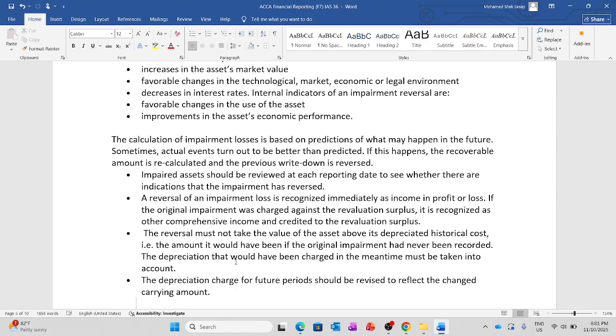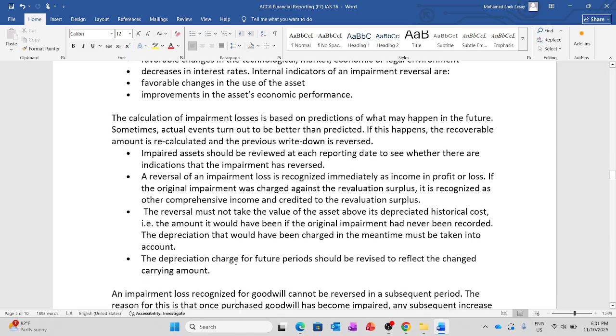So that means when we reverse an impairment, it should only be limited to the depreciated historical cost. We are not going to state the asset above the historical depreciated cost, the amount it would have been if the original impairment had never been recorded.